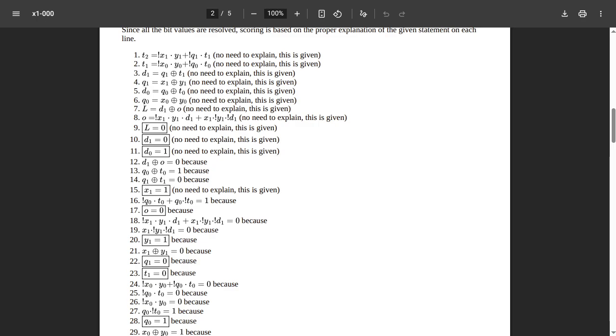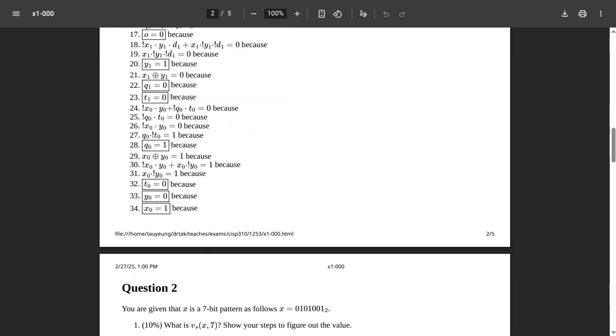Between 6, which is the definition of Q0, and 28, we can make a conclusion of 29. If we look at 26 alone, no, 26 alone cannot lead to the conclusion, I don't think. So we're looking at 28, right?